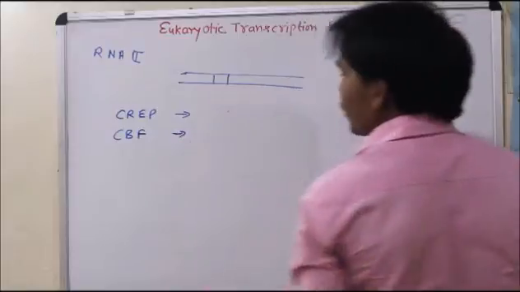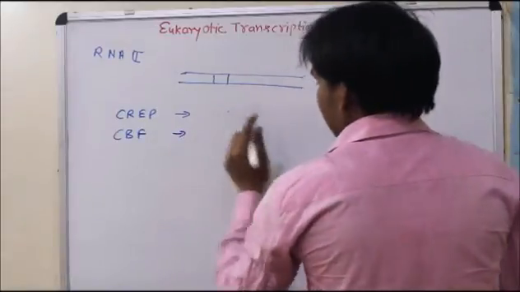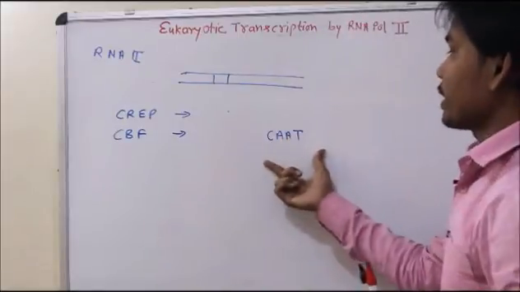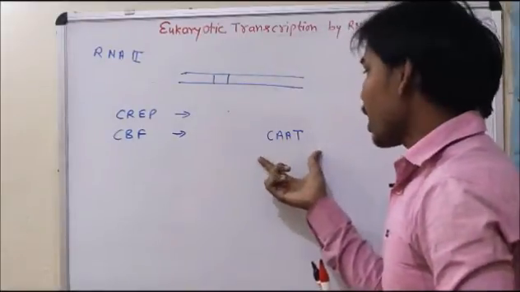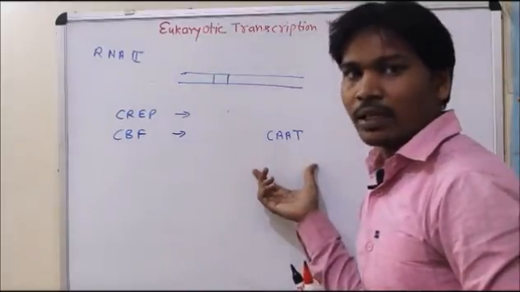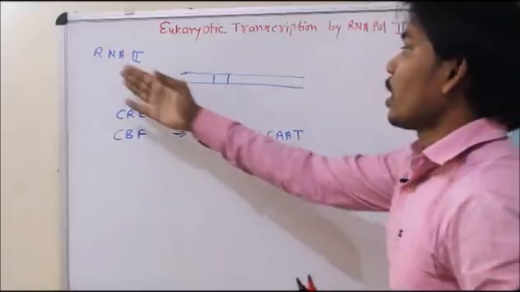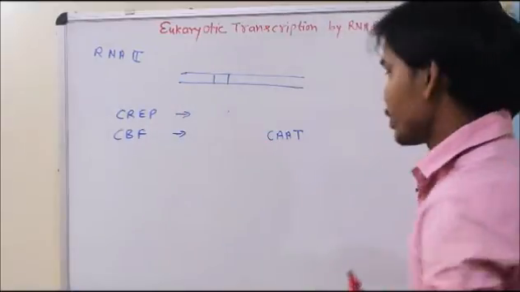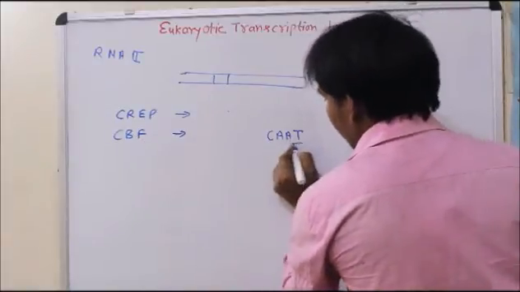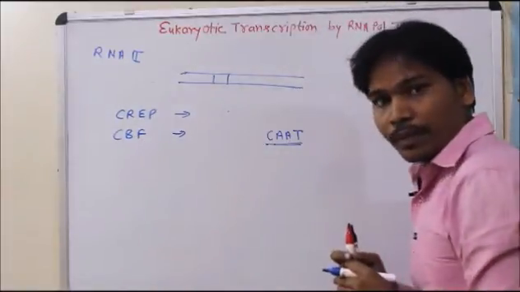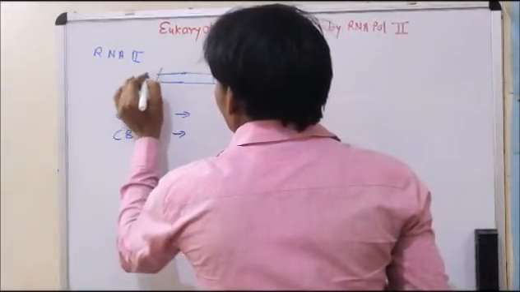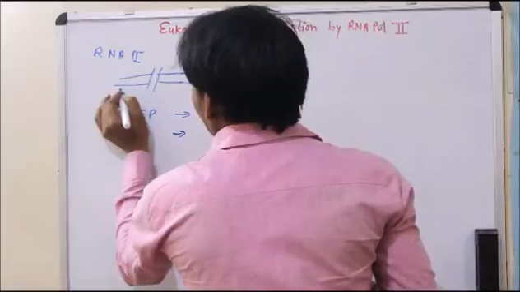You know from before this lecture that CAAT is a sequence that acts as a cis regulatory element. Some transcription factors can bind here and activate or repress the transcription or activity of RNA polymerase II. So CAAT binding factors bind to the CAAT box, which is found in the RNA polymerase II promoters.